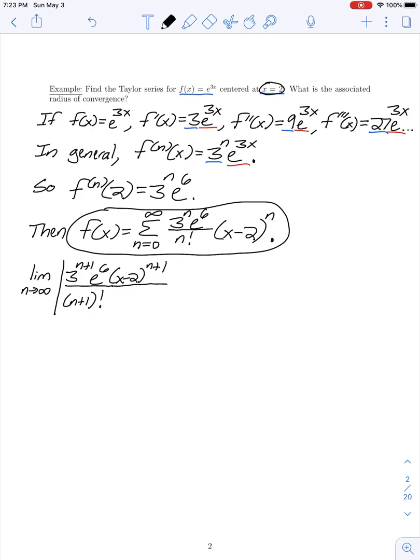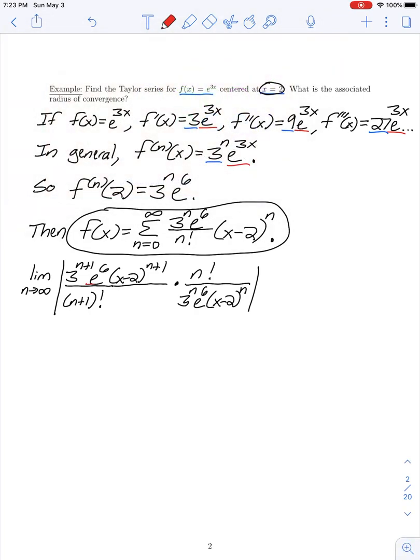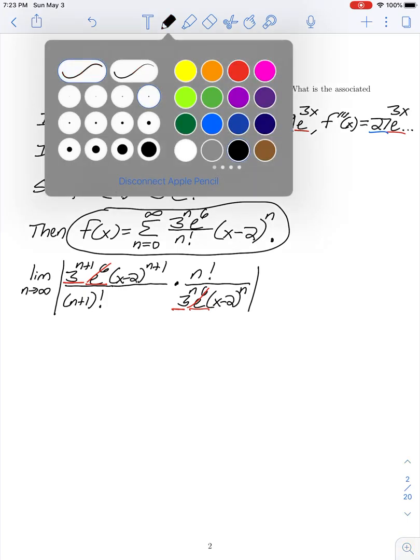But as usual, our nth term is a fraction, so dividing by that fraction is the same as multiplying by its reciprocal, which would be n factorial over 3 to the nth times e to the 6th times x minus 2 to the nth. So let's see which terms can cancel here. Here we would have an e to the 6th in the numerator and denominator, which cancel directly. Our factor 3 to the n plus 1 divided by 3 to the n leaves us with a constant 3 out in front.